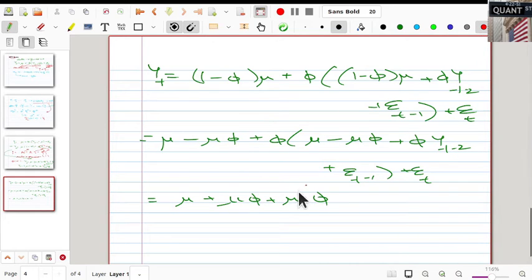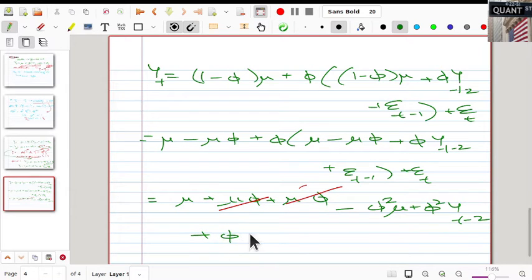So these two can cancel out, and then minus phi square mu plus phi square yt minus 2 plus phi epsilon t minus 1 plus epsilon t.